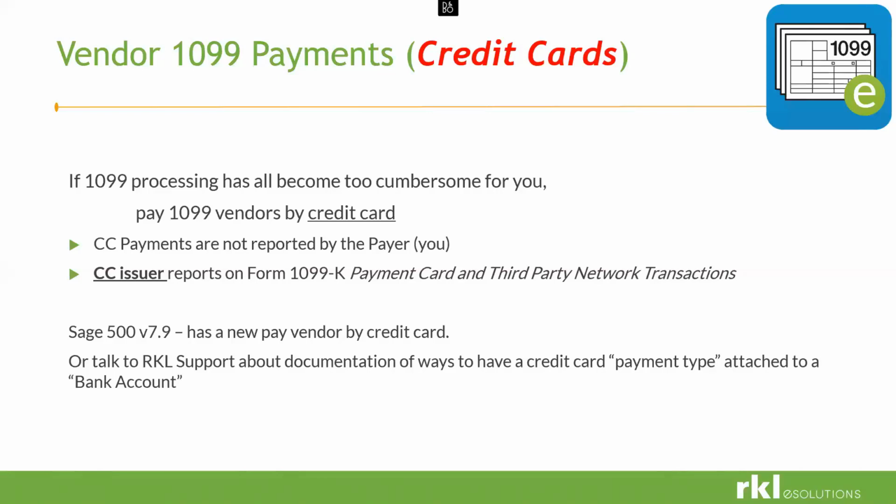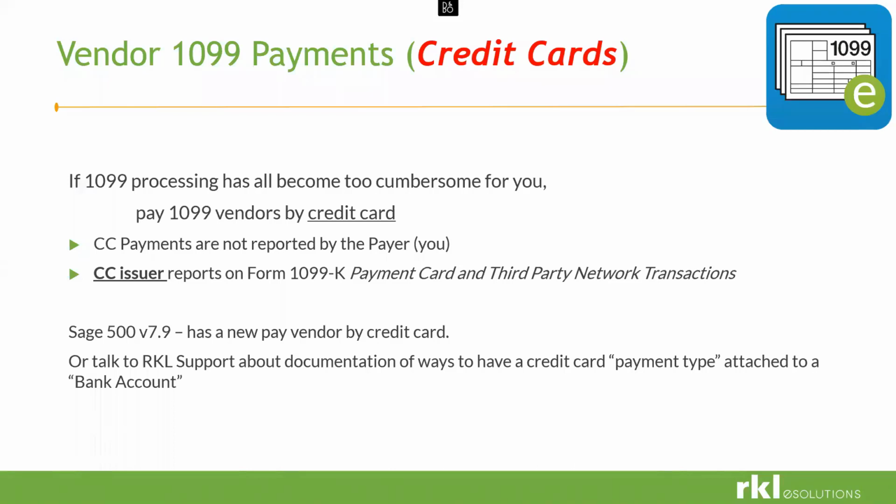That's why people aren't too comfortable, because the 1099K that comes from a credit card issuer doesn't have to be sent out until it's $20,000 and 200 transactions.